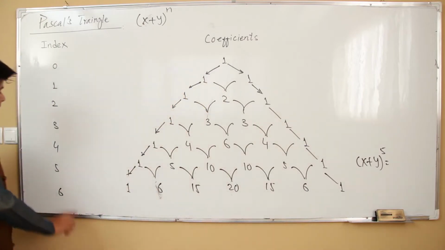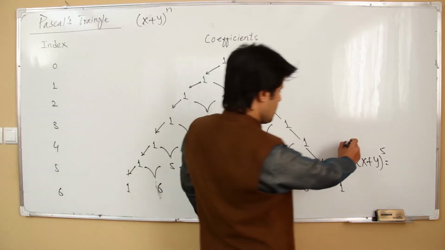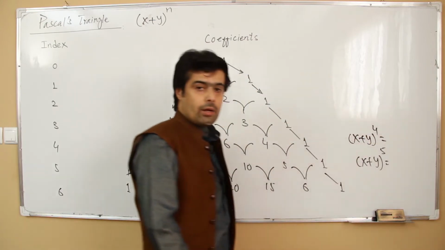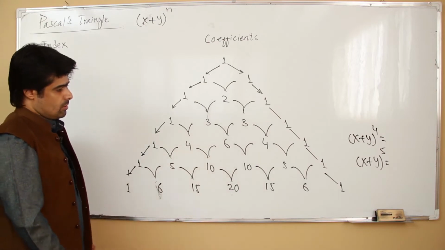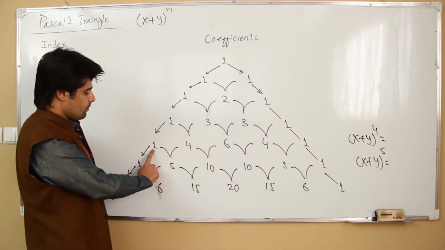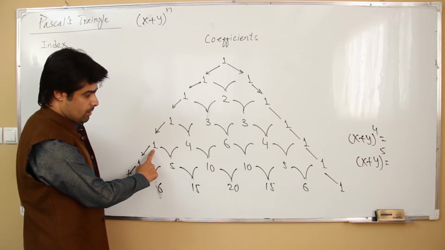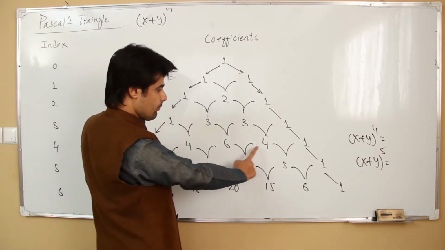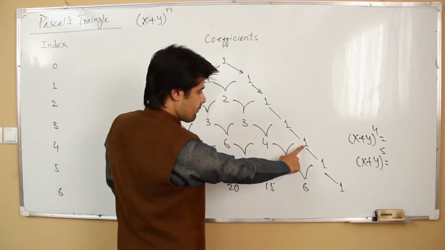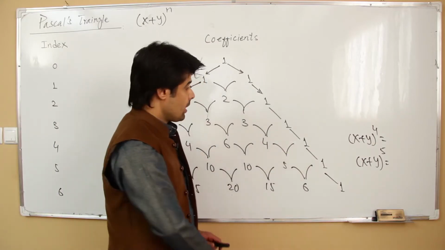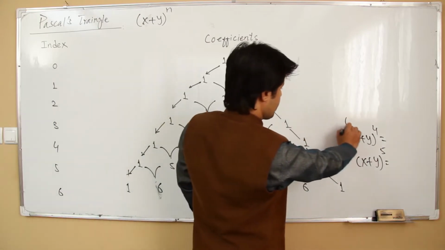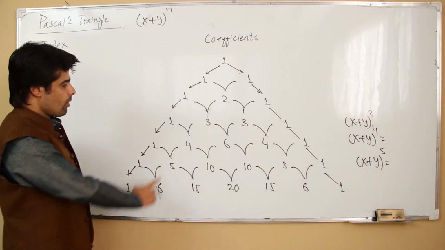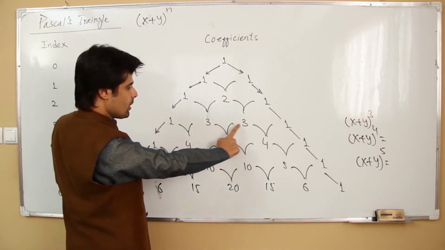If you have x plus y raised to the power 4, now what are the coefficients? Look at your notebook, please. First one is 1, second one is 4, third term is 6, fourth is 4, and fifth or last one is 1. If you have x plus y raised to the power 3, now the coefficients are 1, 3, 3, 1.